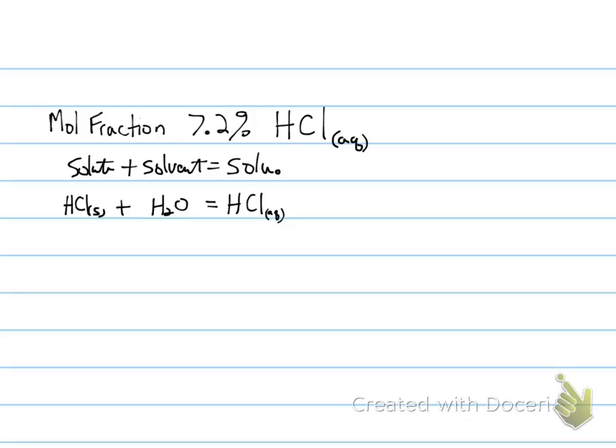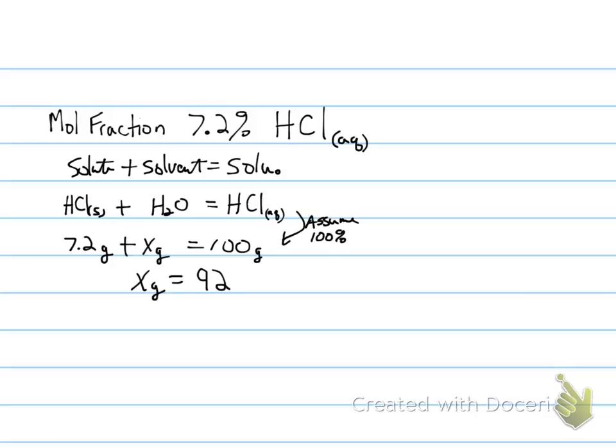And if we assume 100 grams, 7.2 grams, there we go. Remember, we assume this to be 100 grams, so the math is easier. So we calculate 92.8 grams of H2O.